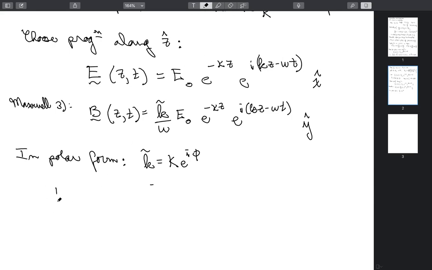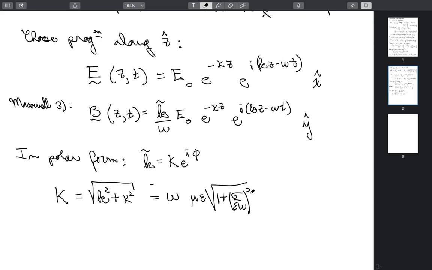Okay, so this big K here is just the mod squared of our K tilde, which is the square root of K squared plus kappa squared. And this thing is just omega times the square root of mu epsilon, times the square root of 1 plus sigma over epsilon omega squared.